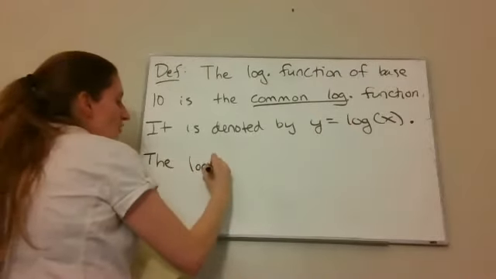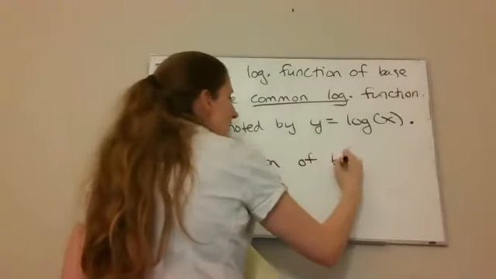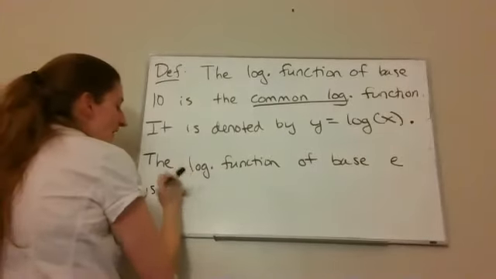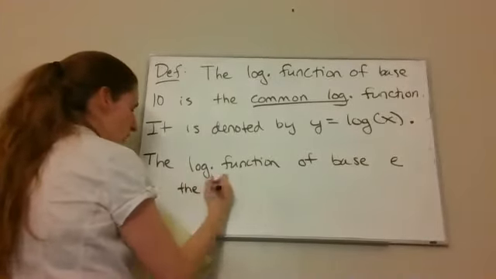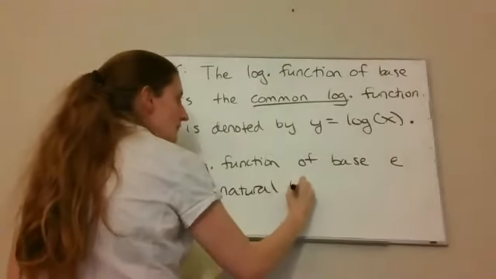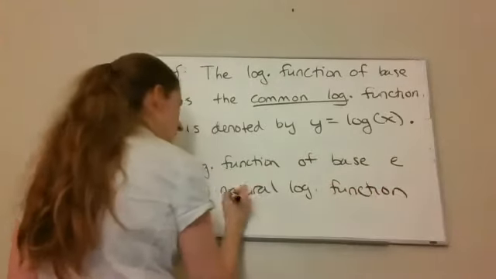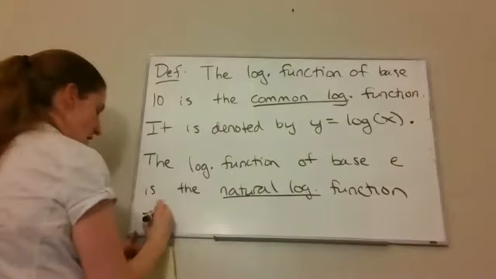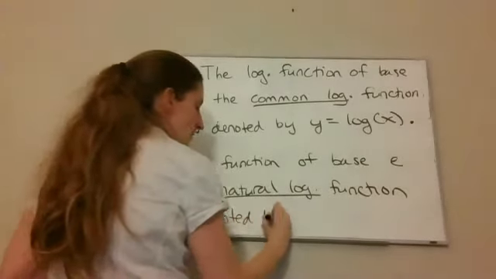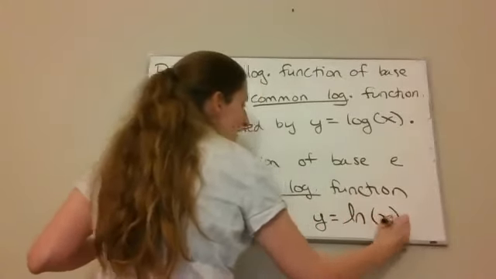We also have our logarithmic function of base e. And that is the natural logarithmic function, or the natural log function. And it is denoted by y equals ln of x.